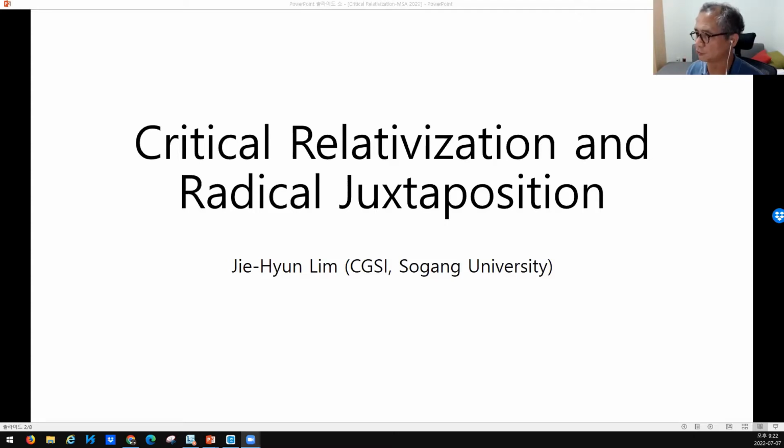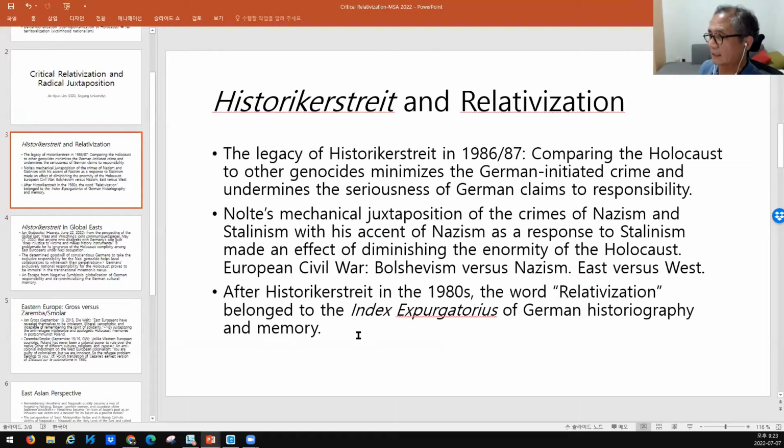I want to suggest two key concepts relevant to our way of perceiving memories, especially as initiated by recent debates in Germany, Poland and East Asia. I want to sum up a new awakening into two key concepts: critical relativization and radical juxtaposition. Let me start with the Historikerstreit and relativization.